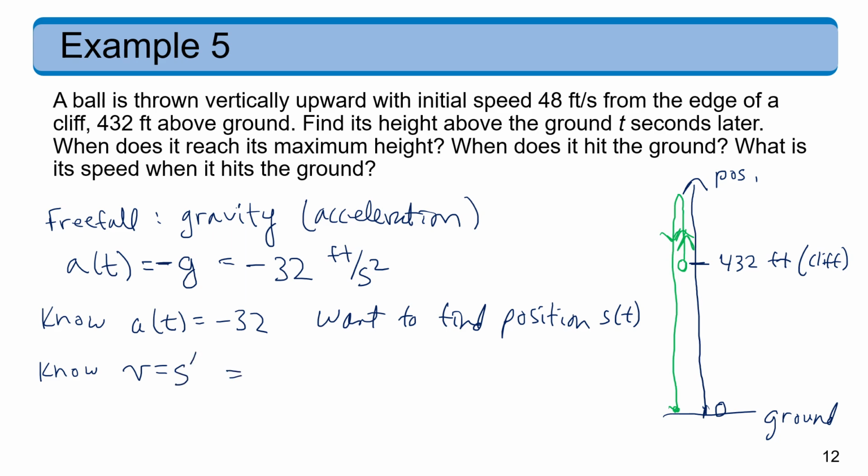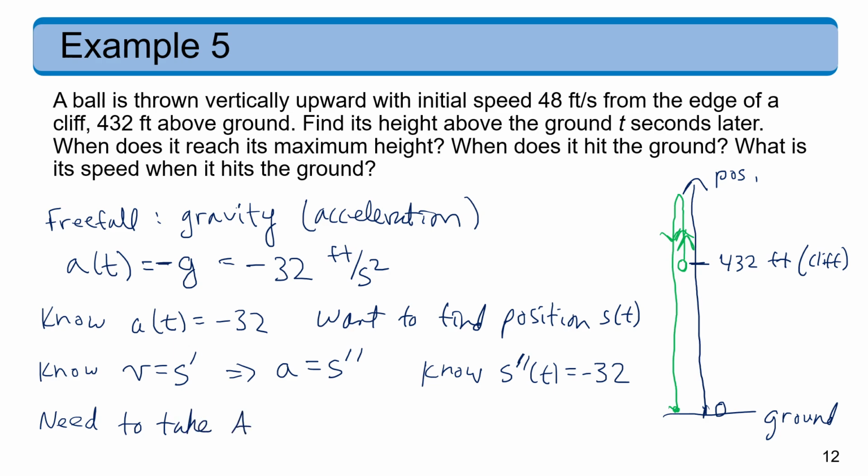And then if you take a second derivative, that gives you acceleration. So acceleration is the second derivative of position. We know the acceleration, which is s double prime, so we could write it this way, we know s double prime is negative 32. We want to go backwards to find s, so we're going to have to take the antiderivative twice.